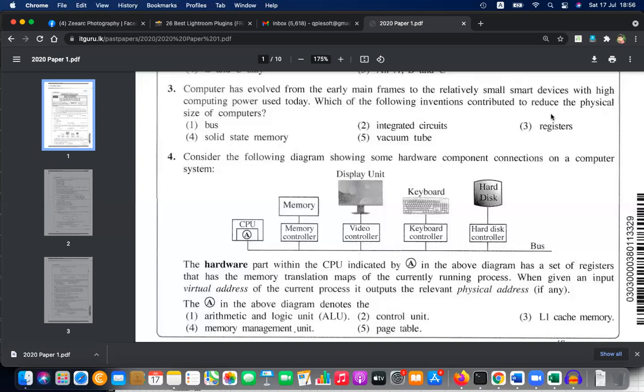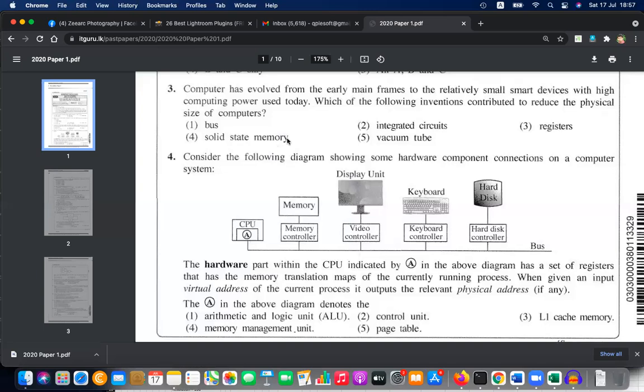Solid state memory, SSD, that is also yes. Solid state memories are also yes, because hard disk size is high, CD-ROM size is high, and SSDs are very small.